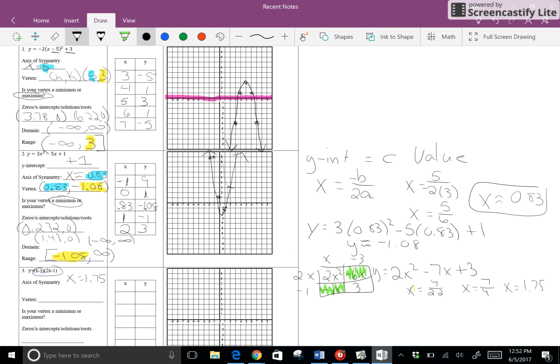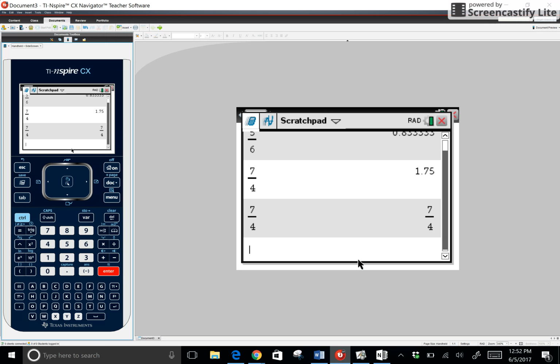And then just like number 2, you're going to plug it in. The easiest way to do it, honestly, is plug it into the standard form that you created. Instead of x, though, you're going to put the 1.75. Throw that into the calculator.